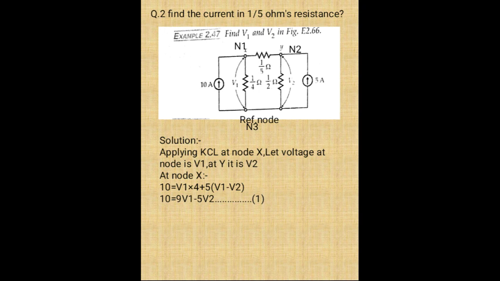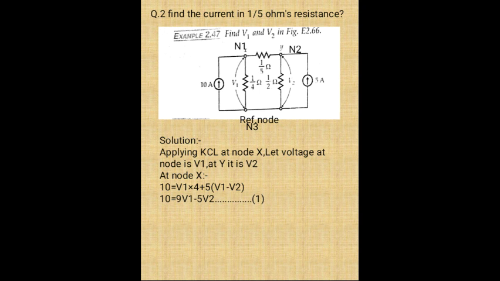In the second step, we consider one node as a reference node. In the given network, we assume node number 3 as the reference node. And in step 3, we consider node voltage V1 at node N1, V2 at node N2, and the voltage at the reference node is 0.